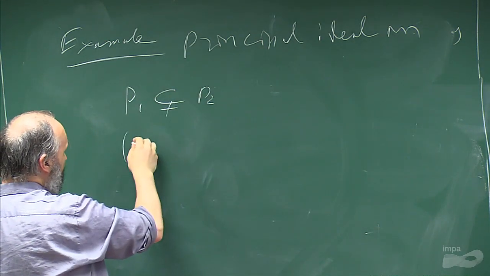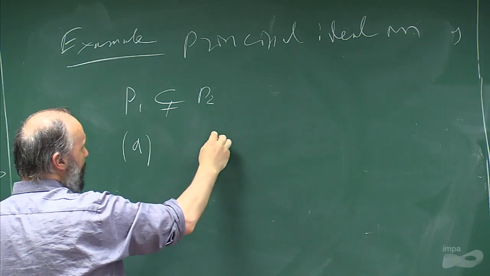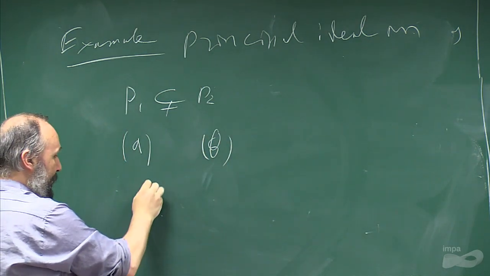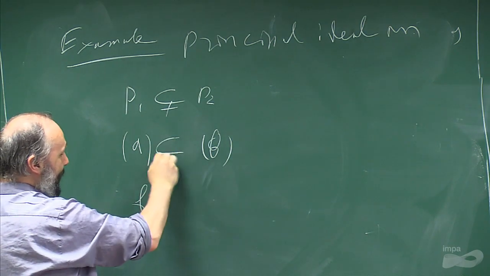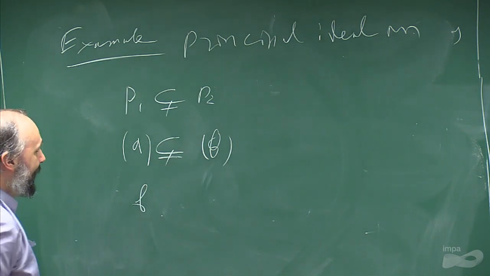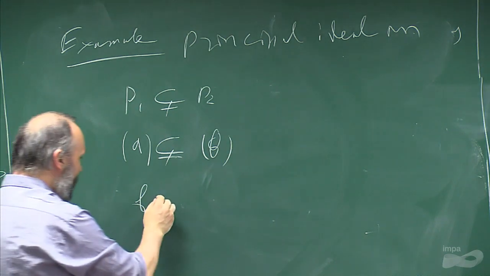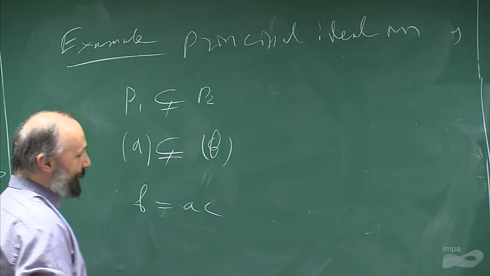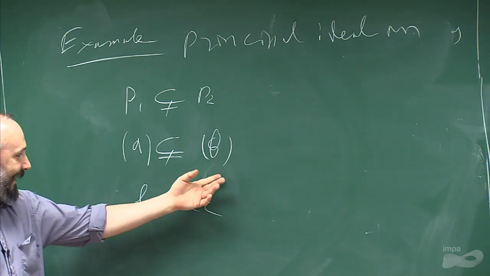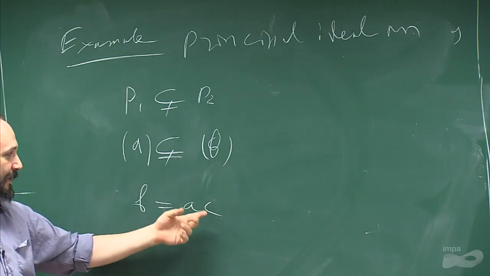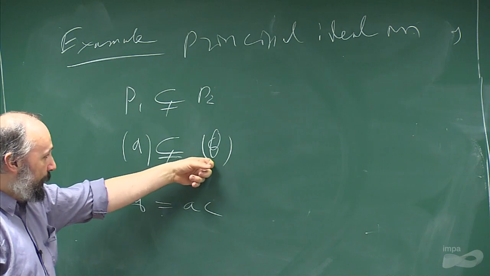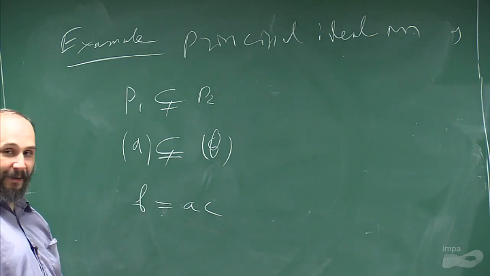Then P1 is generated by, say, A, and P2 is generated by B. Since P2 sits in there, this means that B is AC. This can't be, because A is not invertible, so C is not invertible, so they don't belong to the ideal B, but their product belongs.